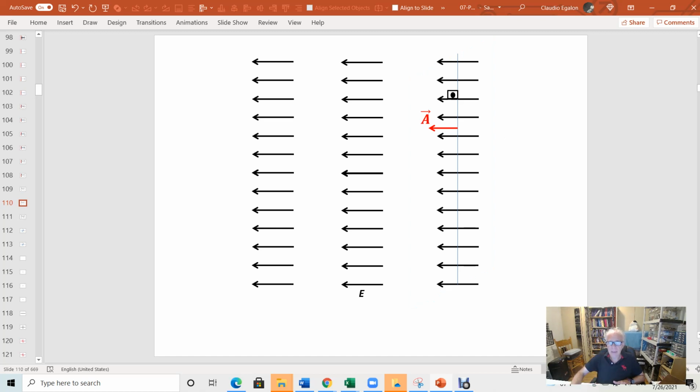In this specific case, again, I'm doing the simplest case that you can think of. The area vector of the surface is always perpendicular to the tangent of the surface. Okay, so the surface has an area, but the surface also has an area vector. Okay, let's go here.